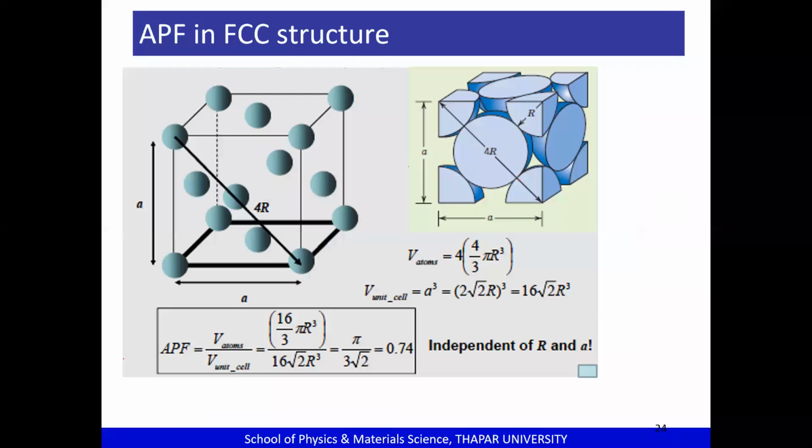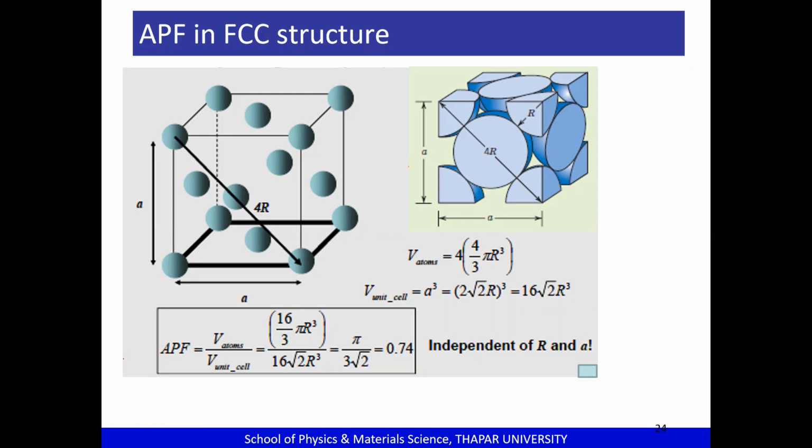So now if I compute the APF, that is the ratio of the volume of the atoms to the volume of the unit cell, we can compute this quantity for the face-centered unit cell. First, I define the volume of the atoms. You know, atoms are spheres, so the volume is 4/3 pi r cube. For the FCC, I have 4 atoms, so 4 into 4/3 pi r cube.